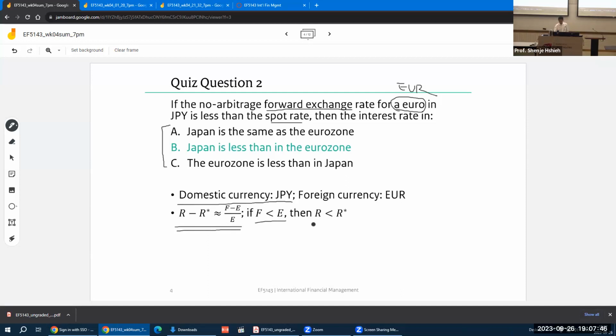So the domestic interest rate must be lower than the foreign interest rate, and that's precisely what B is: Japan is less than the Eurozone.